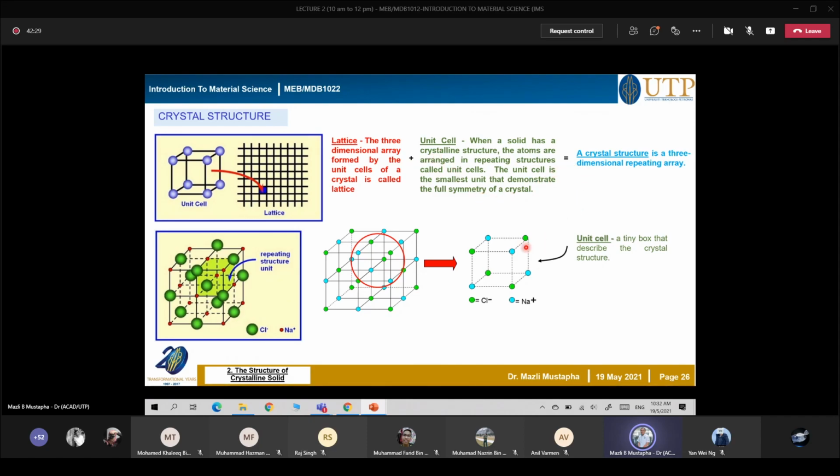The most important thing is that the unit cell is just the repeating unit in the crystal structure, and how it is arranged depends on the lattice arrangement. Okay, and then we move on.